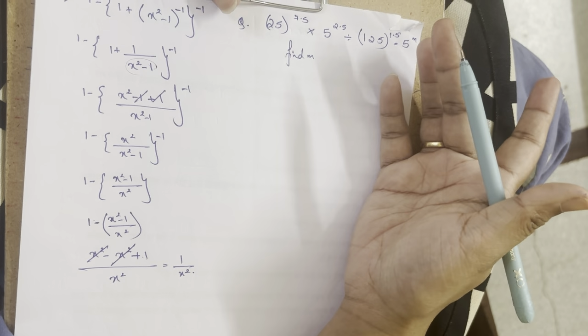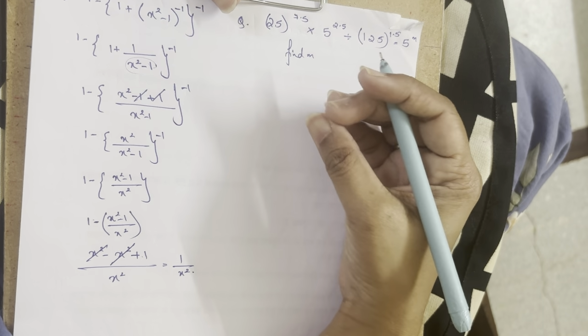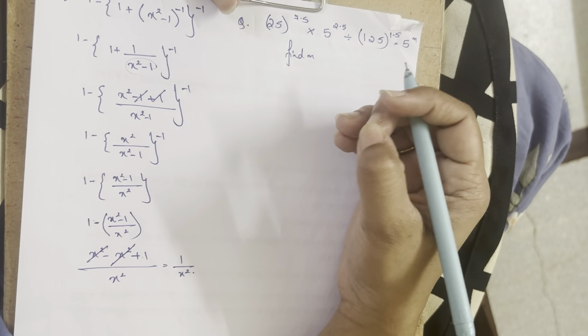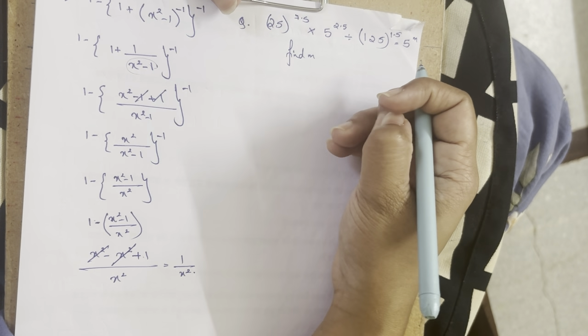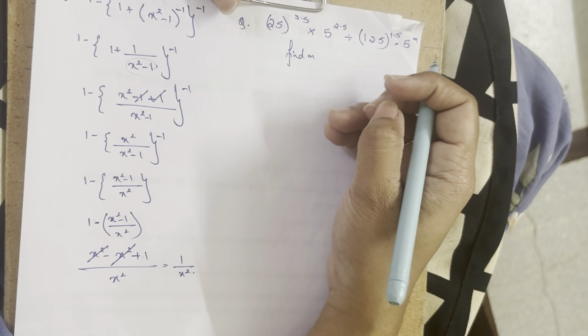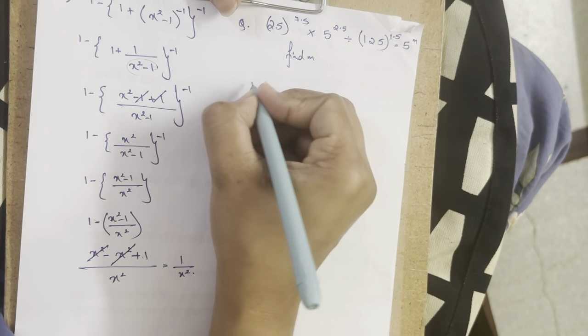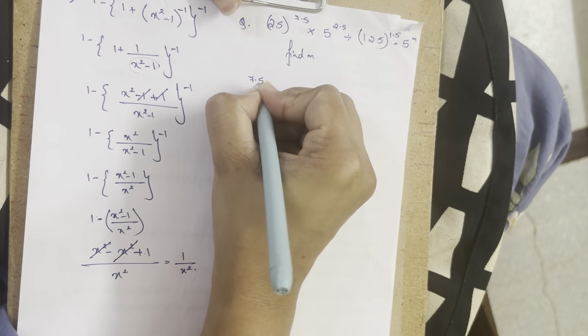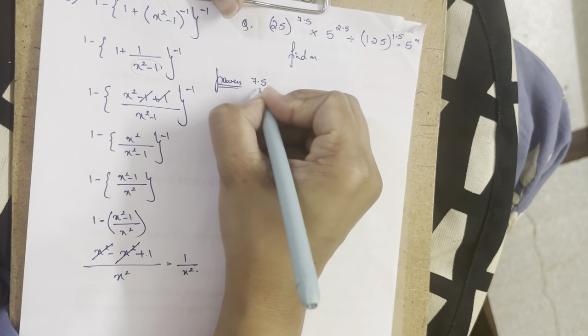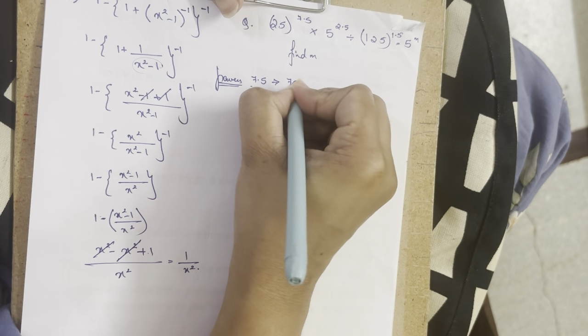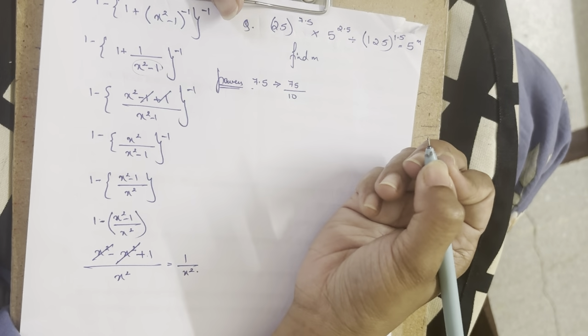So what we are going to do is, we are going to change the decimals to fractions. Let's write it down, just taking the powers. 7.5 becomes 75 upon 10.